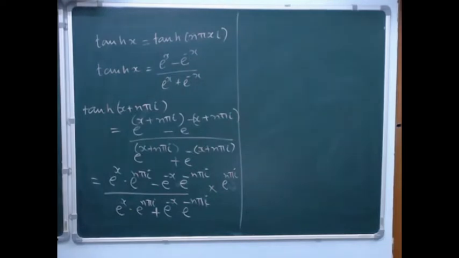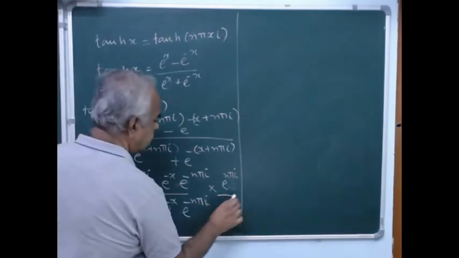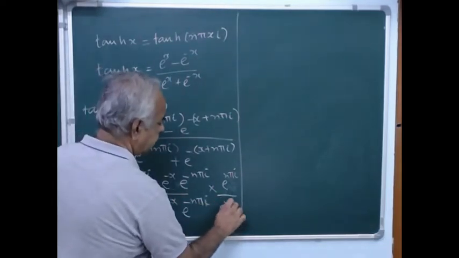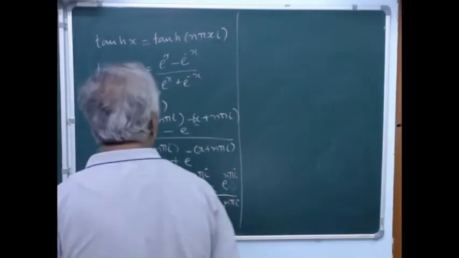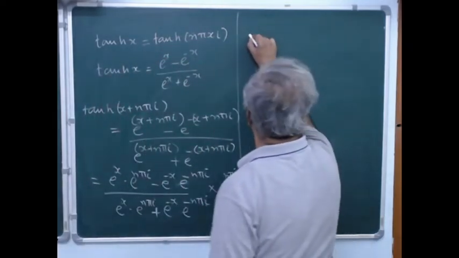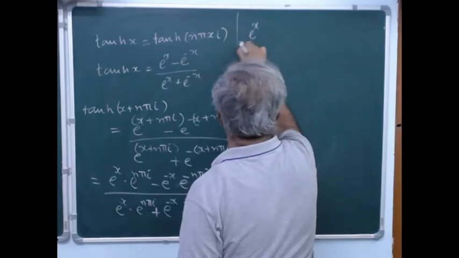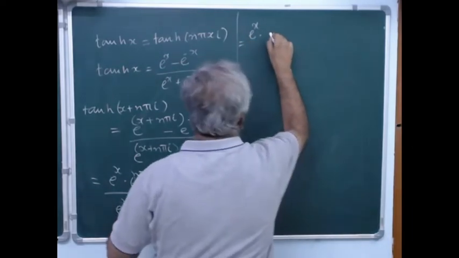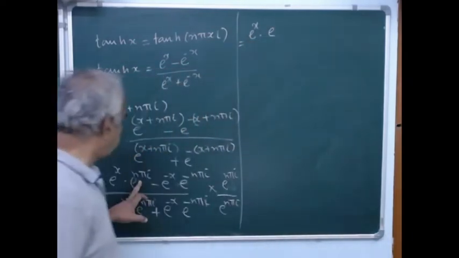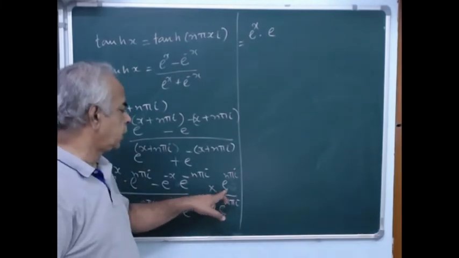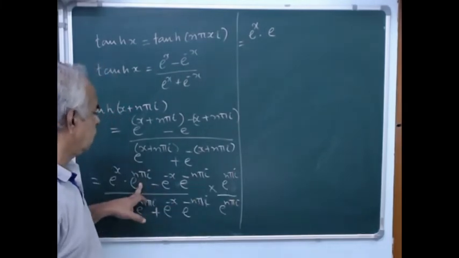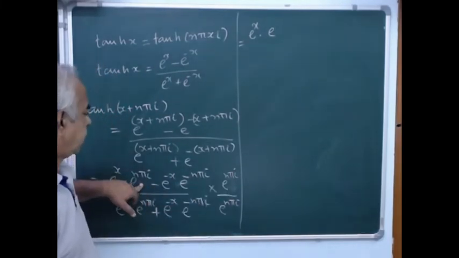Okay, so let us multiply and divide the entire equation by e power n pi i, and therefore it becomes e power x into e power n pi i into e power n pi i, which is nothing but e power 2n pi i, is it not?